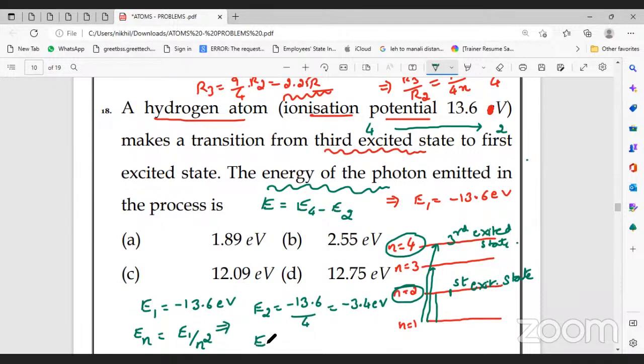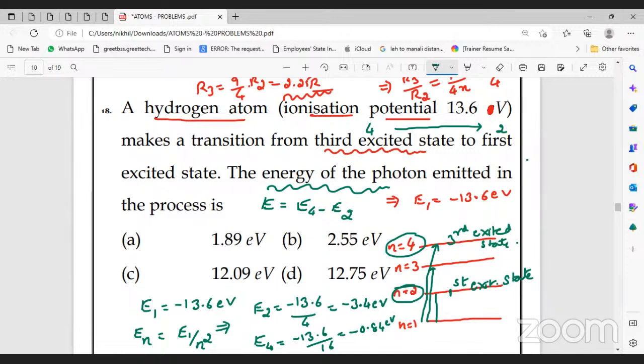What is the energy in the 4th orbit? Minus 13.6 divided by 16, that is minus 0.84 electron volt. Clear?